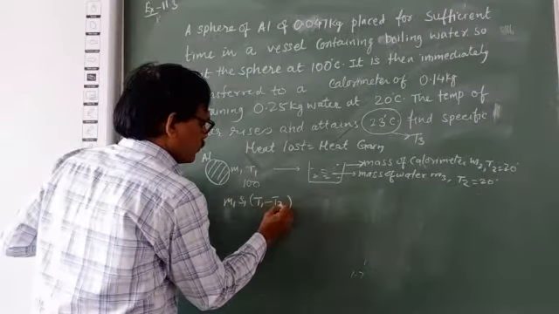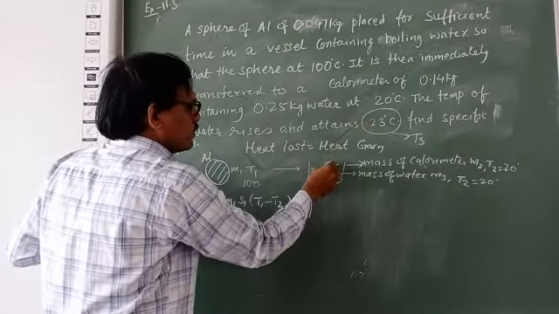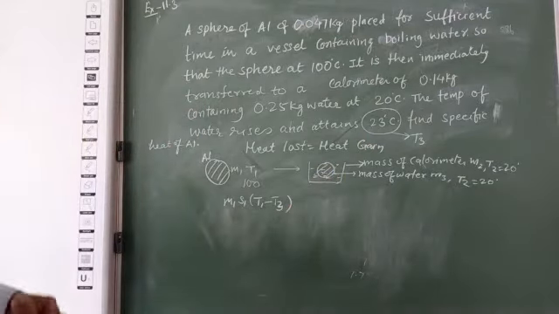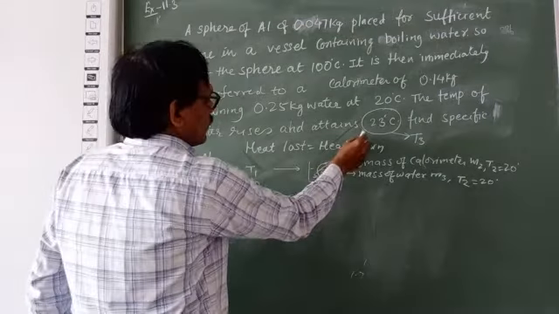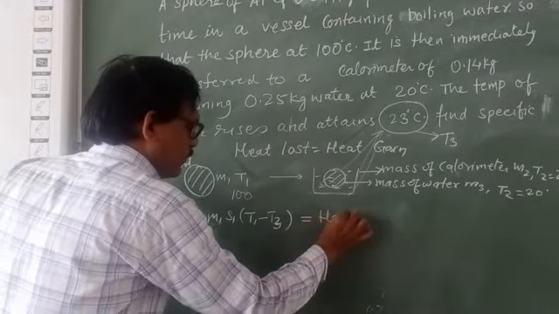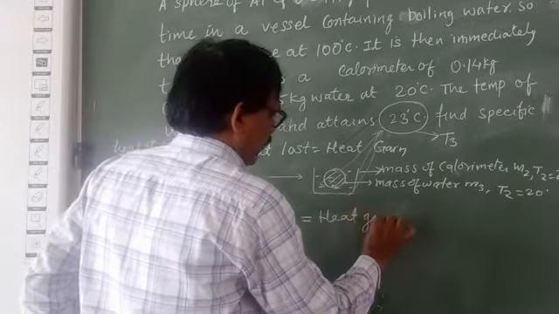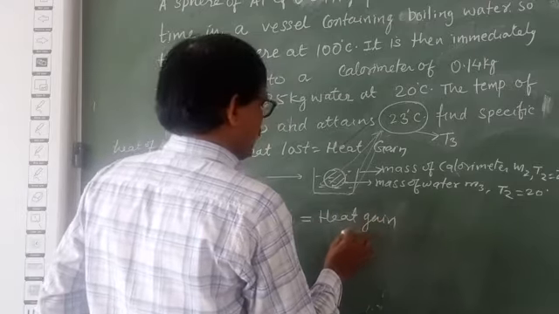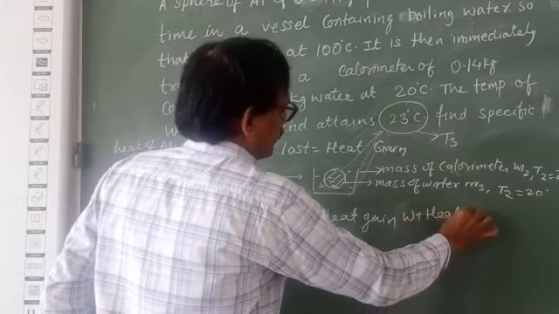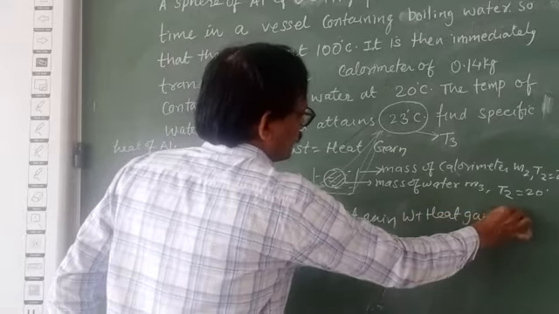The heat gained will be the heat gained by water plus the heat gained by the calorimeter.